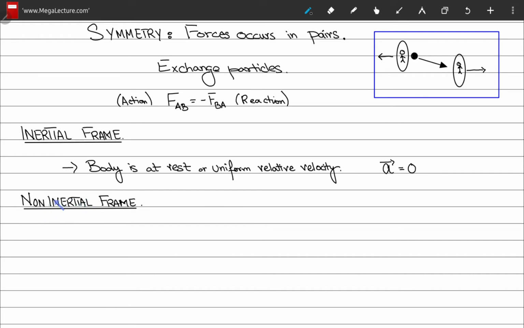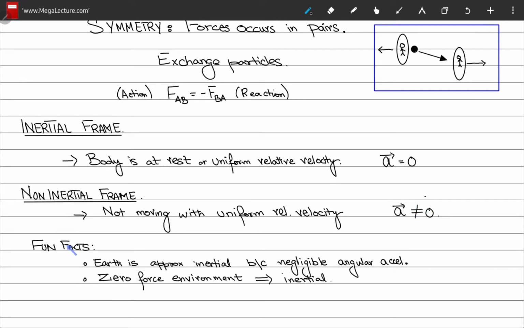Next, we have, of course, the non-inertial frame of reference, which is not moving with a uniform relative velocity, and hence the acceleration for such a frame is not going to be 0. Some fun facts: planet Earth is almost an approximate inertial frame of reference, simply because the Earth is moving, well, I should say rotating, with a very small, negligible angular acceleration.